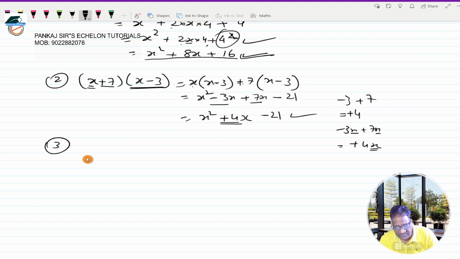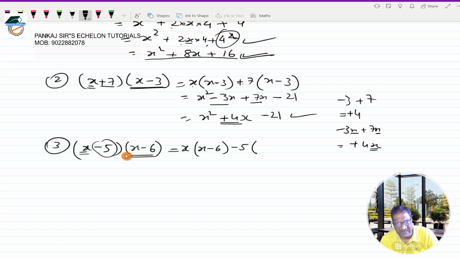Let us try to find out the product of say x minus 5 times x minus 6. Okay, now here again you'll have to take this first term x, multiply with the second bracket x minus 6, then take minus 5 along with the sign and multiply with the same bracket x minus 6. Okay, then remove the bracket, so x into x is x square, x into minus 6 will be minus 6x, till here it is over.